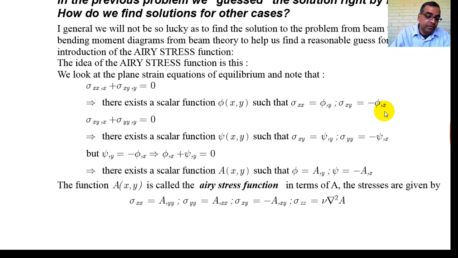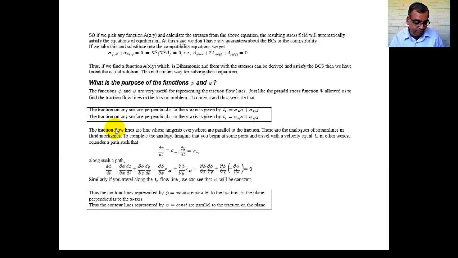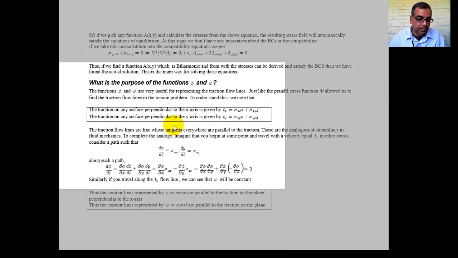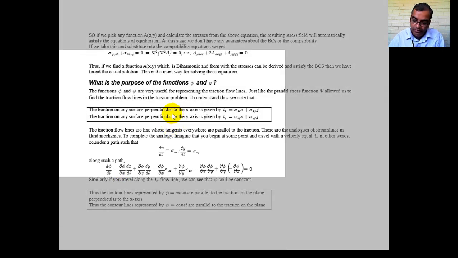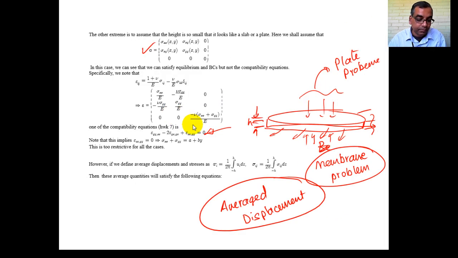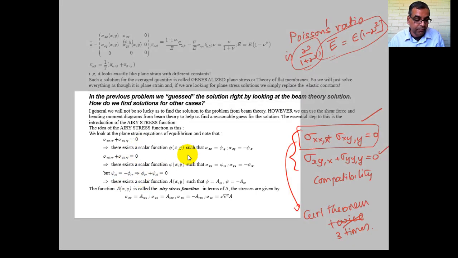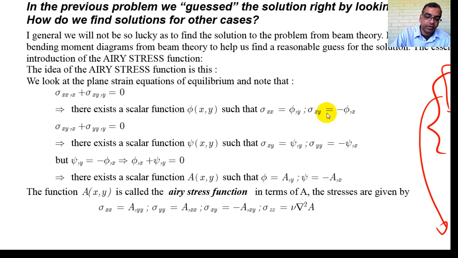The interesting thing is, not only for that, for the second one there is another Prandtl stress function. So, there's a Prandtl stress function here. There's another Prandtl stress function here.